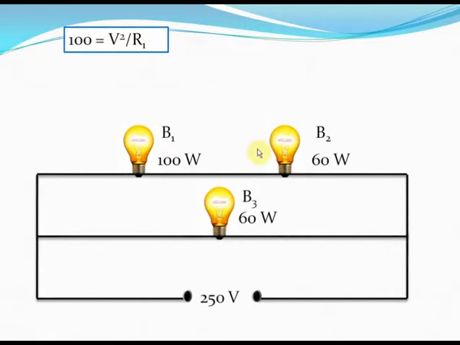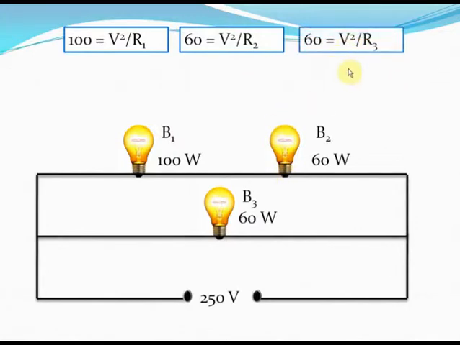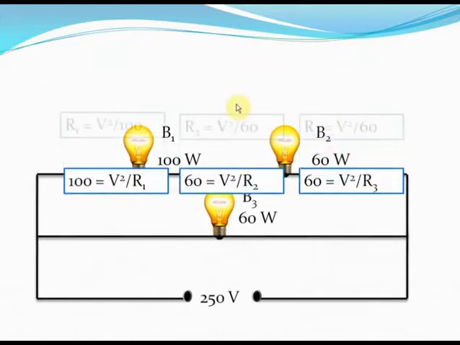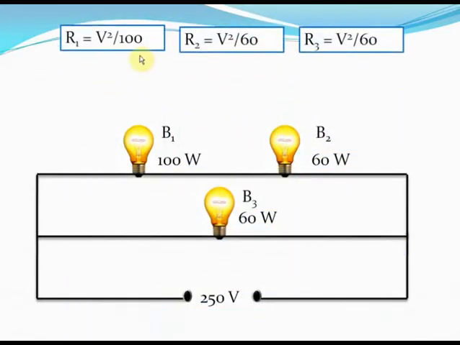We can also say that 60 is V square by R2, and again 60 is V square by R3 for the bulb B3, isn't it? Now if we carefully calculate the values of R1, R2 and R3 from these equations, we get R1 is V square by 100, R2 is V square by 60, R3 is V square by 60. So these are the resistance values of each of these 3 bulbs.